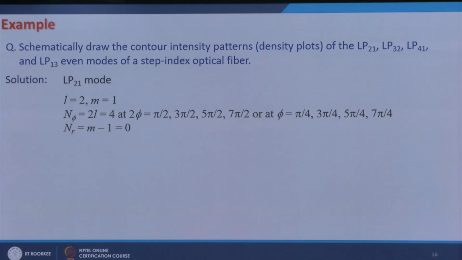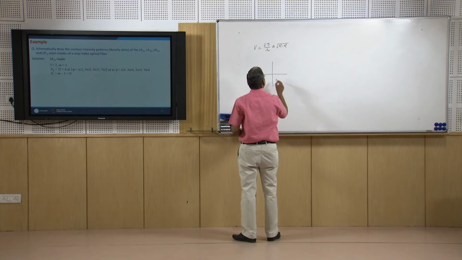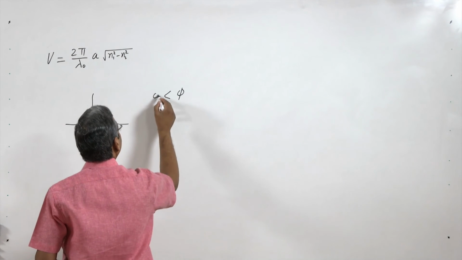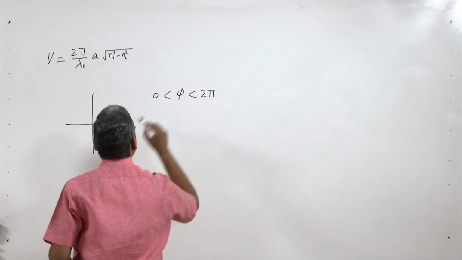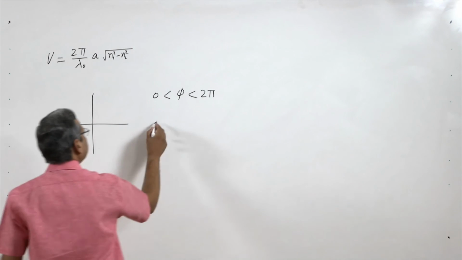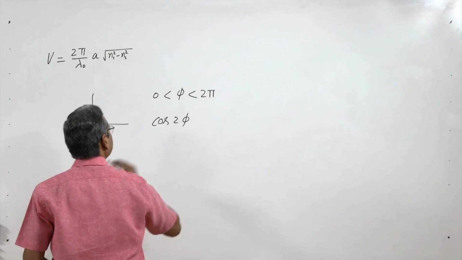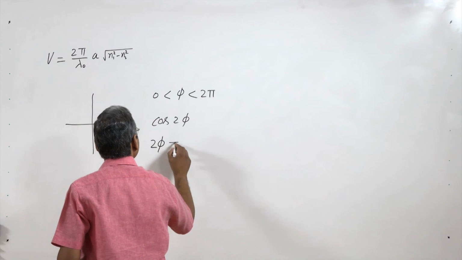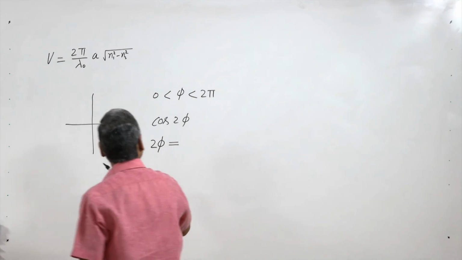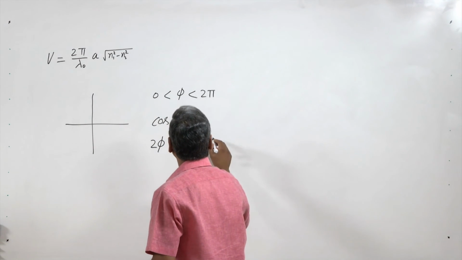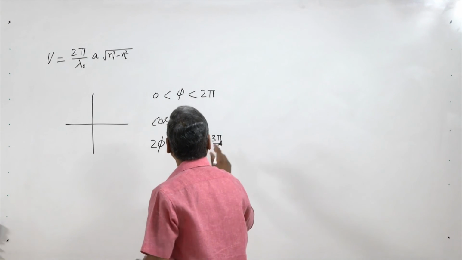I know that if you go in phi direction, then phi ranges from 0 to 2 pi. Now, you have a solution which has cosine 2 phi. So, you now find out the zeros of this cosine 2 phi. They will occur at pi by 2, then 3 pi by 2, and where do you stop?